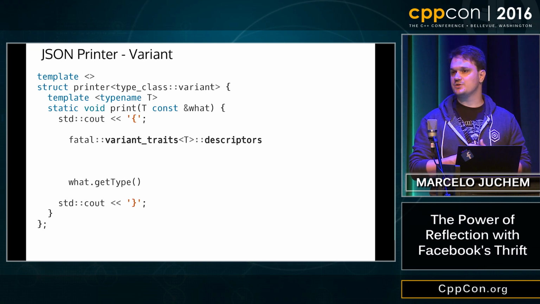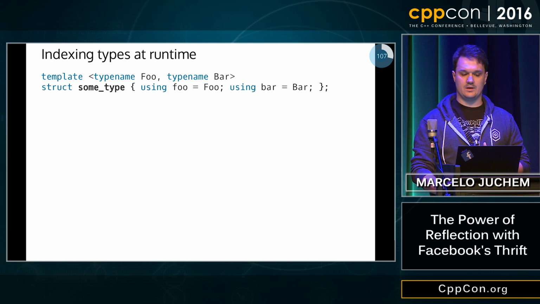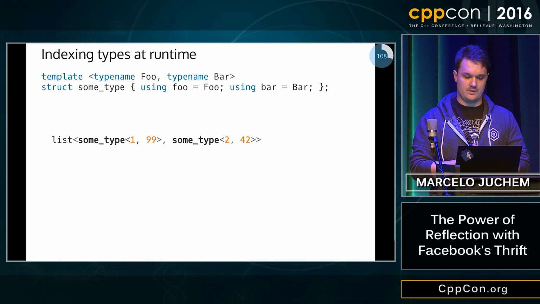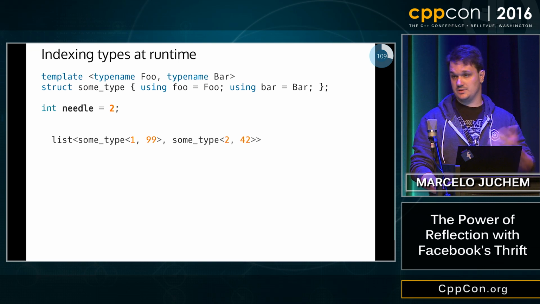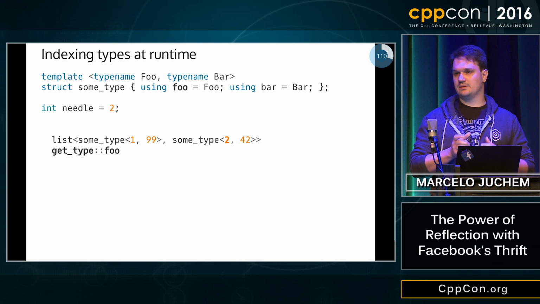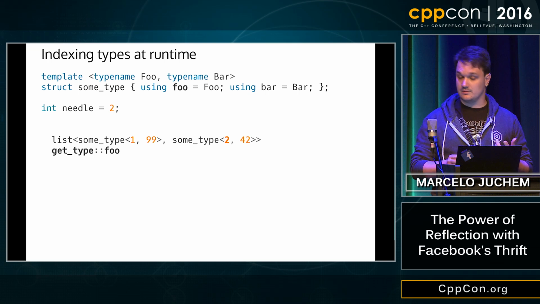And it's pretty much what we did before. It's basically with visitors, but we need a way to do that efficiently. So imagine you have some type with members foo and bar, and you have a list of those types with proper values, and you have a needle, which is a runtime value, and you want to get the element in this type list whose value of foo is the same as the needle.